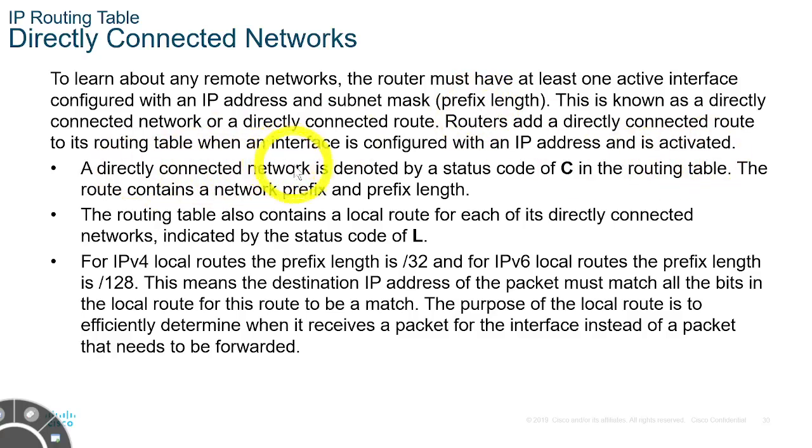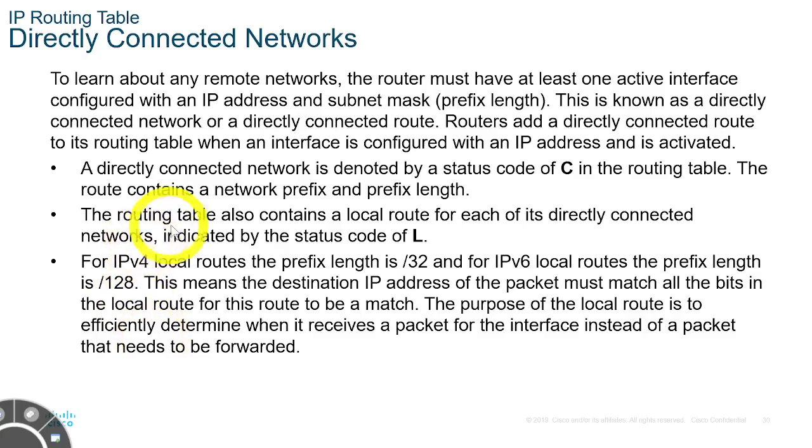A directly connected network is denoted by code C. C is for connected in the routing table. Whenever we see code C, it means directly connected. The route contains a network prefix and a prefix length, okay?